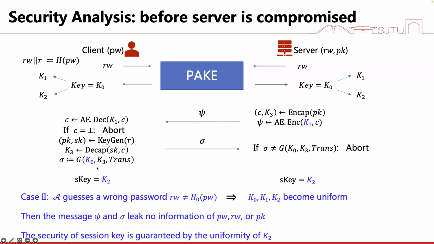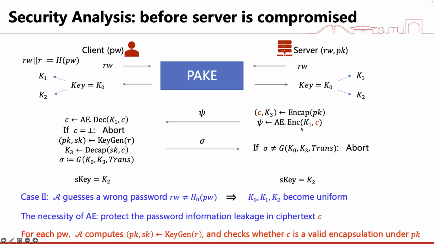And by the uniformity of K0 and the random oracle, the message sigma can be simulated by a uniform string. In this case, the APAKE session key K2 is also uniformly distributed. And therefore, the simulator can simulate the transcript PSI and sigma and the session key K2 without knowledge of the password.